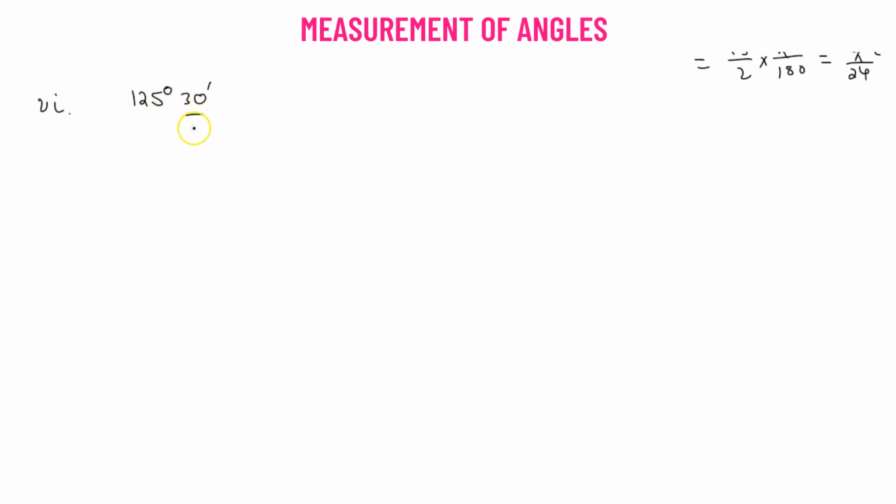So first we'll convert 30 minutes to its equivalent degrees. We say 60 minutes is equivalent to 1 degree. So 30 minutes will be equivalent to half a degree. So that means we have 125 and a half, this is going to be in degrees. So this is equivalent to, 125 times 2 is 250, 250 plus 1, so that's 251. So we have 251 divided by 2.